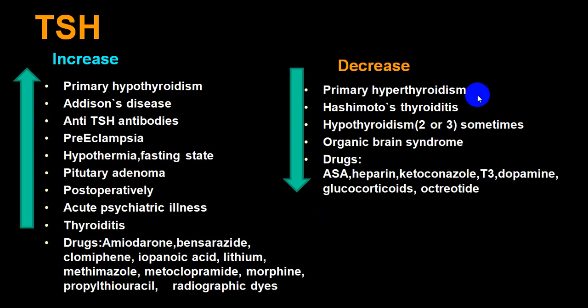While a person who is having some of the disorders where TSH level will go down, say like a person who is on heparin, ketoconazole, dopamine, glucocorticoids, octreotide, etc.